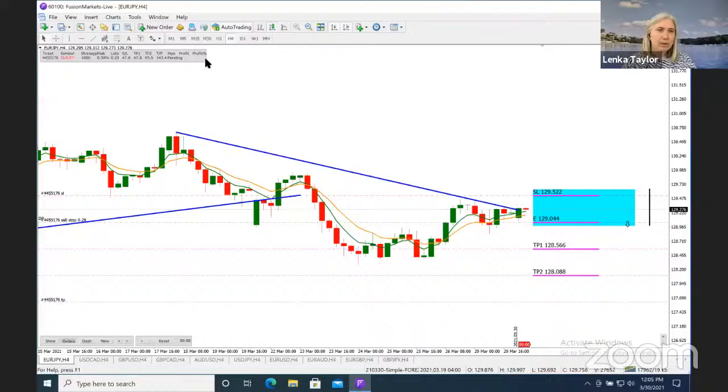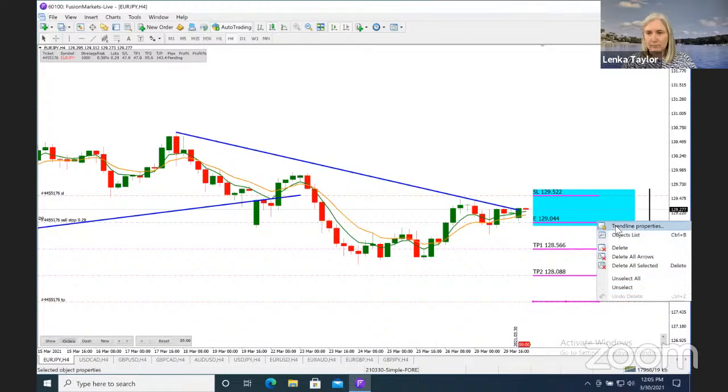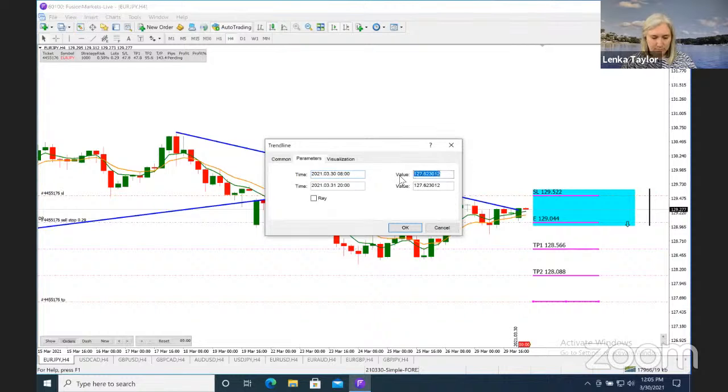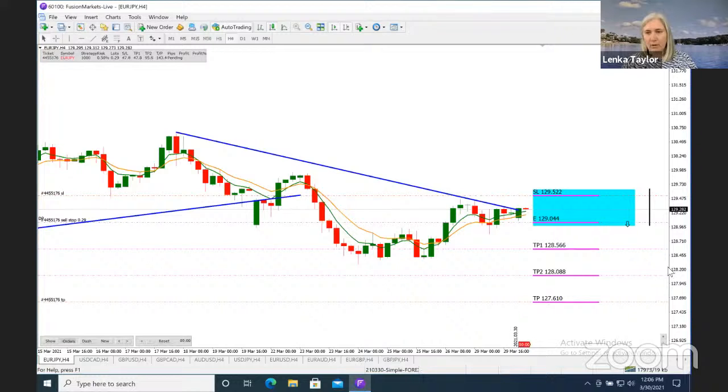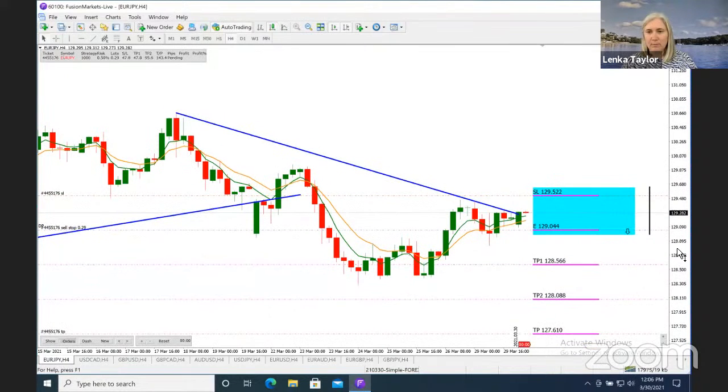Okie doke. And then we have the final TP. Let's have a look. Okay, so that's what my trade setup looks like for today.